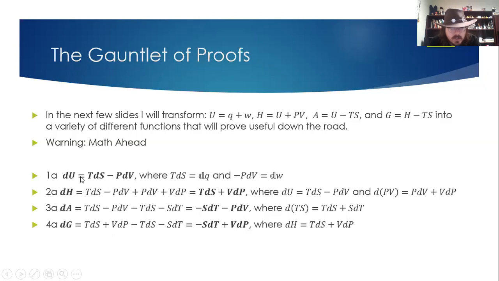So it's turning the non-state function heat and non-state function work into state variables, T and S and P and V. If I look at the same thing with enthalpy being internal energy plus PV, the PdV terms cancel out and we get VdP.